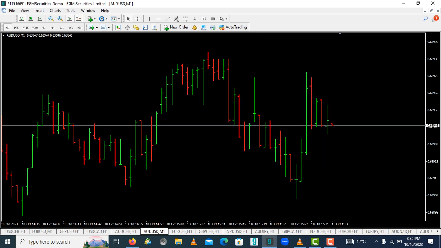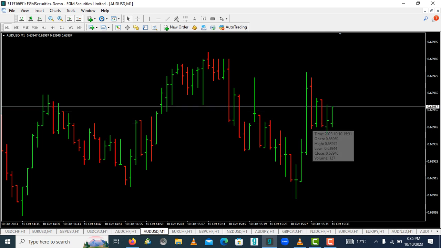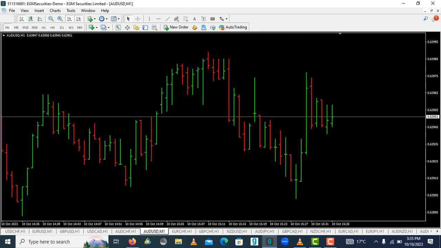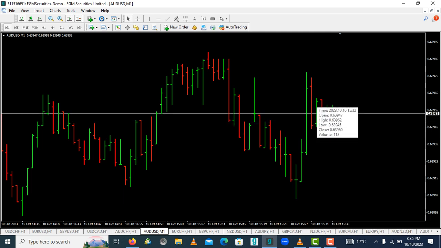This dot here is the opening price of the next bar, and perhaps this price moved down, moved up, down, up, and then closed at this point. Usually in Forex, the next dot simply forms the opening price of the next bar. Therefore, the price will move up and down, and then it closes at this point.